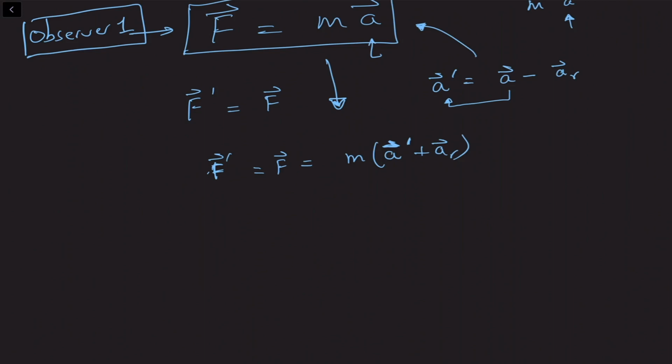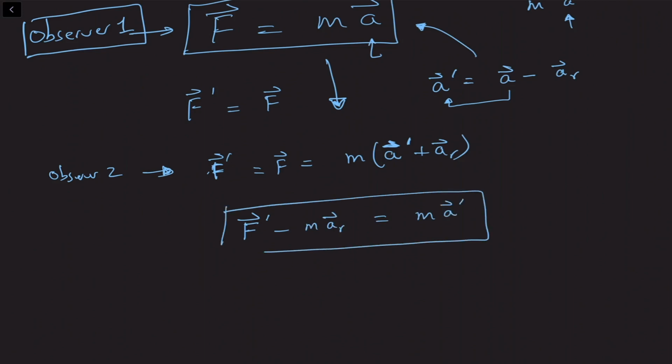However, what you see now is that according to the second observer, this law looks like this. So observer 2 sees this law.